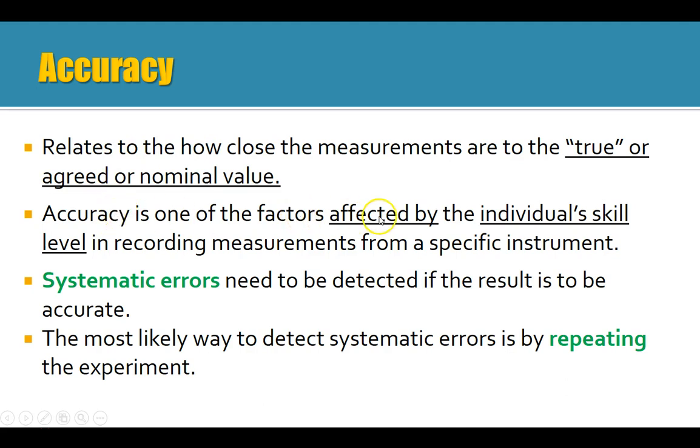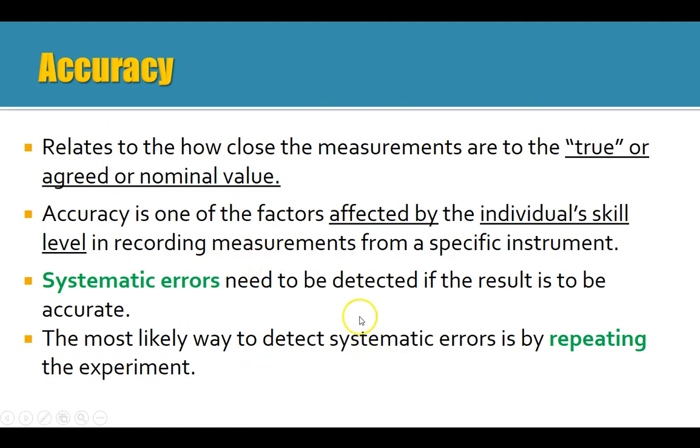Accuracy is affected by the skill level of the individual in collecting and recording measurements from a specific instrument. So systematic errors need to be detected if the result is to be accurate, because we know systematic errors are either above or below the true value, which is what accuracy is all about.